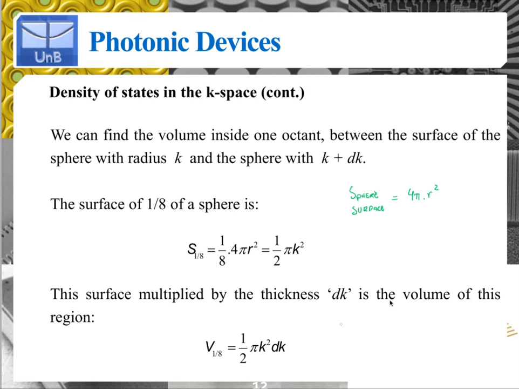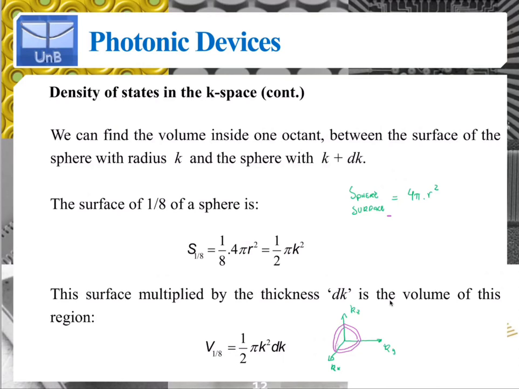So it's like, with kx, ky, and kz, you have the inner surface of the first octant with radius k, and then the surface with radius k plus dk right here, both in purple in this case.